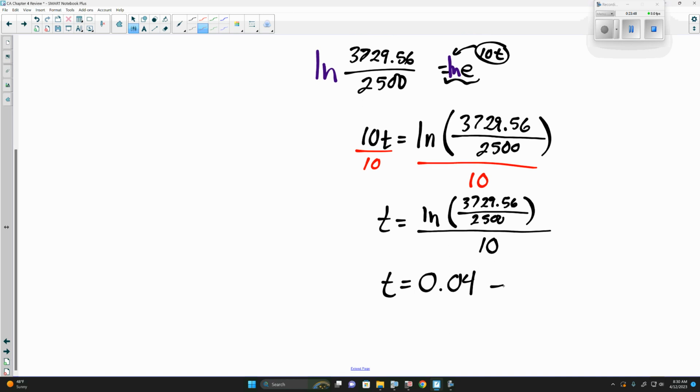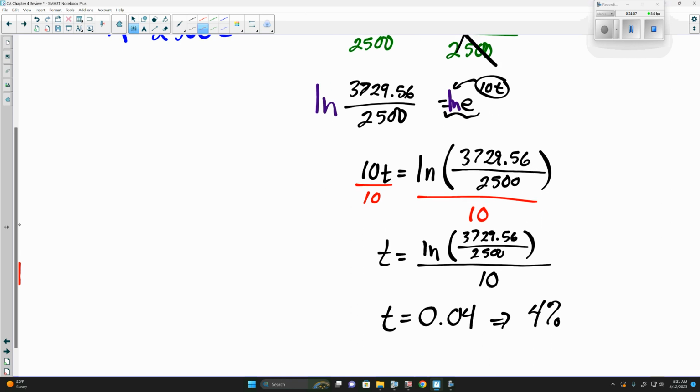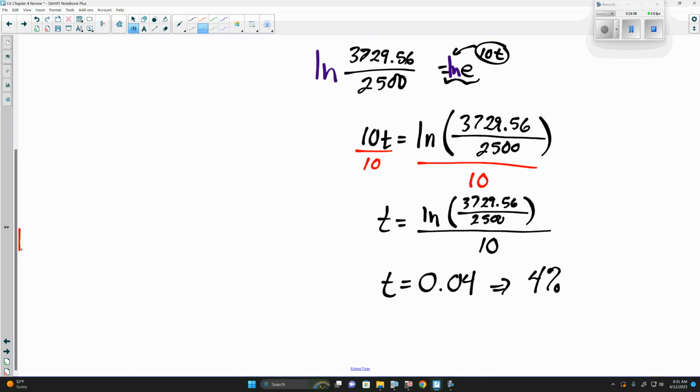So our interest rate is 4%. If it's asking for the interest rate, give it as a percent. If it's asking for years, we can just leave it as a decimal as we have it. And I know I labeled it as t, but it really should have been r, because we're looking at the rate, not the time.